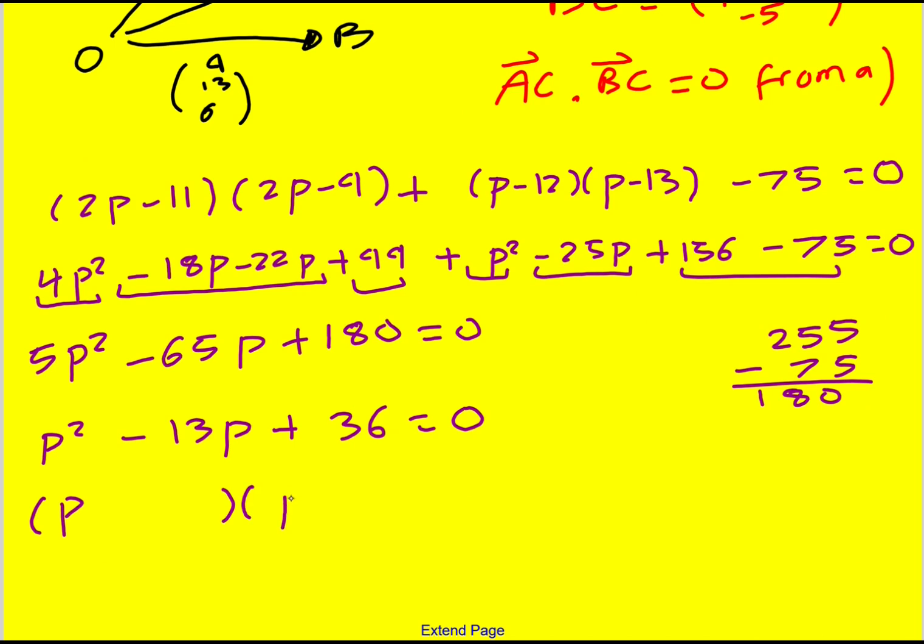Then try and factorize. They're going to both be negative if this is going to work. We need one of them to be odd. So minus 9 minus 4 works. And that gives me P equals 4 or 9.